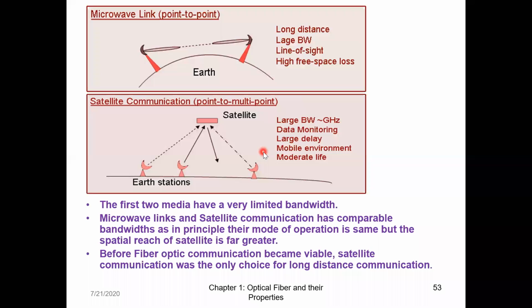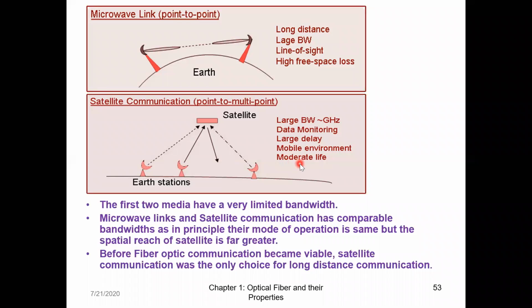There was a mobile environment, because the satellite is moving in space. So many challenges are there. And the biggest disadvantage of satellite communication is that it has a moderate life. When I launch a satellite in space, the satellite life is 7 to 8 years max. After that, the functioning stops, it goes into empty space and the communication is lost.